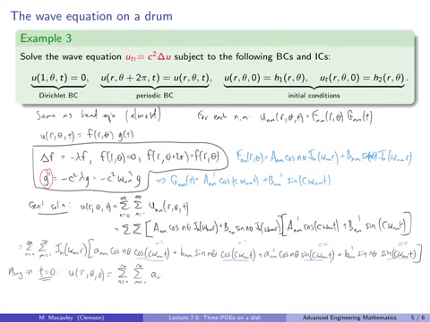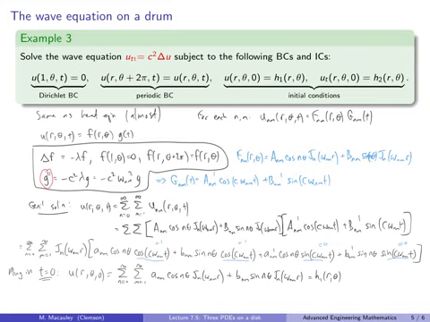We have a_nm times cosine of n theta times J_n of omega_nm r plus this term, b_nm times sine of n theta times J_n of omega_nm r. And we have to set this equal to h1 of r and theta.